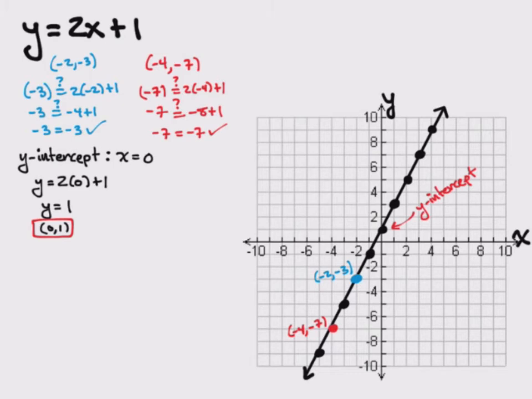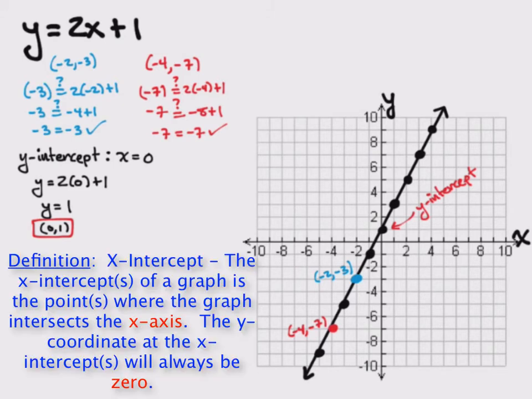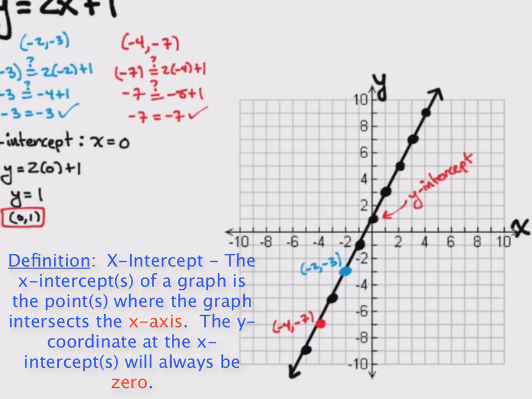Our next definition is the x-intercept, and the x-intercept of a graph is the point or the points where the graph intersects the x-axis. Of course, the y-coordinate at the x-intercept or x-intercepts will always be 0.